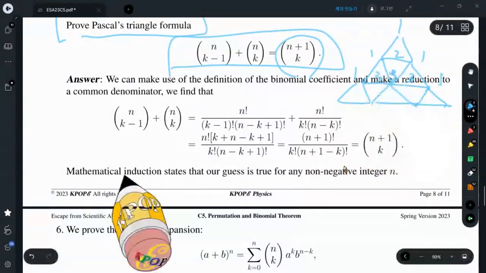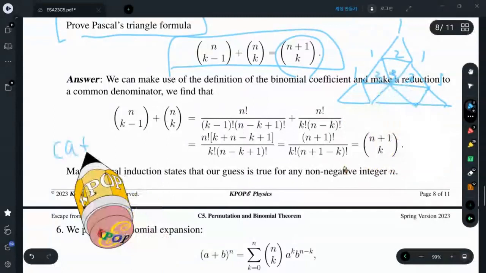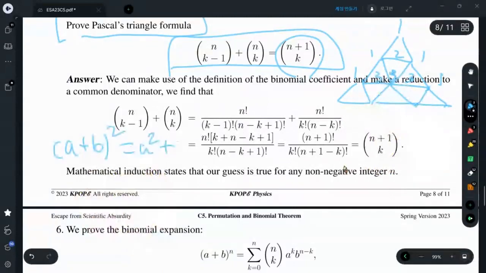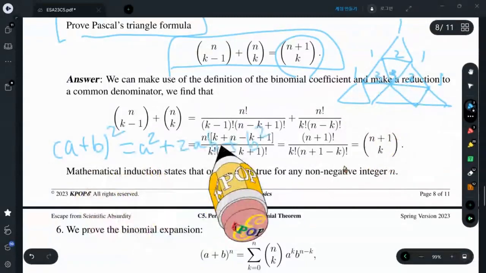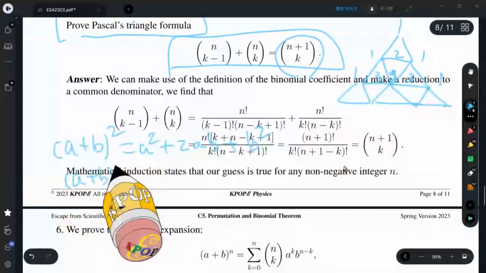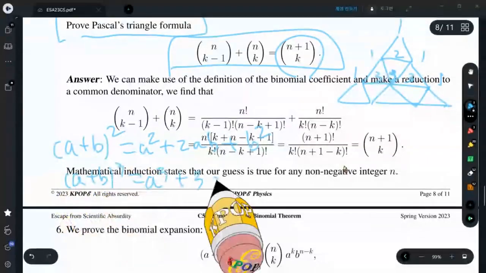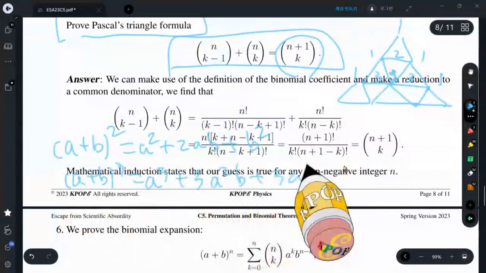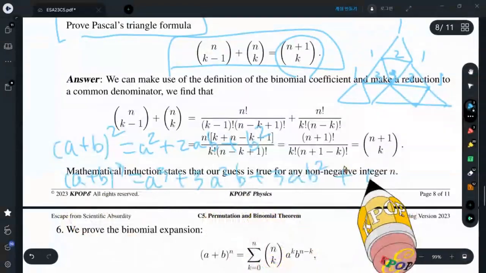What's that? This one is a squared plus 2ab plus b squared, and the cube.